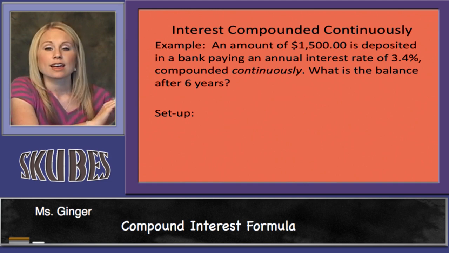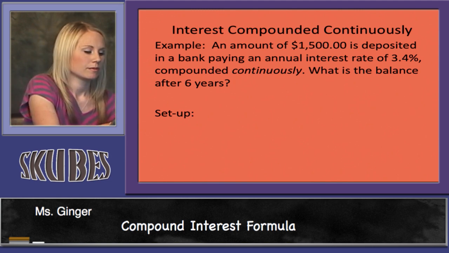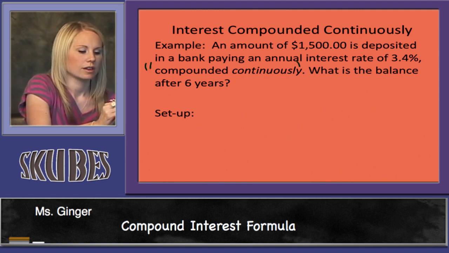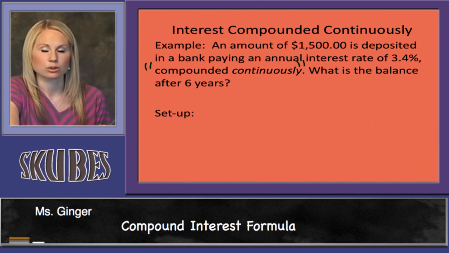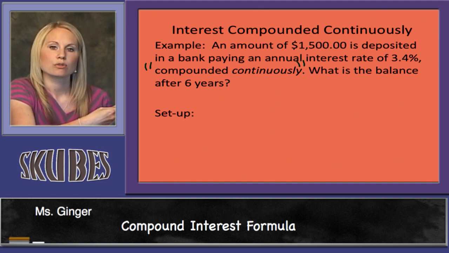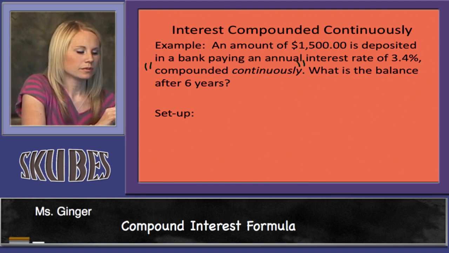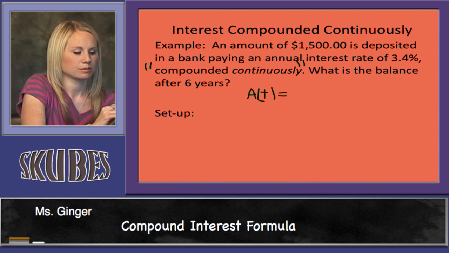All right, let's take a look at the same example with the same information, except that this time we have compounded continuously present in our example. So remember, we're going to switch over to that other formula, the P e to the RT formula. So let's rewrite that. Amount equals P e to the RT.